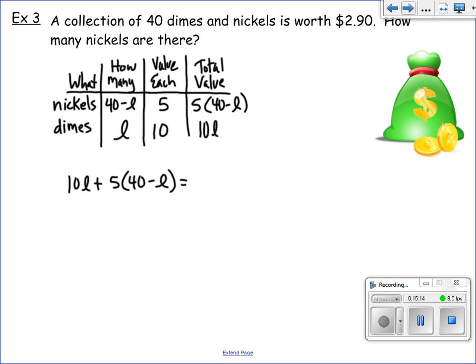What's worth? Dimes, and it's worth 10 what? Cents. And what's this representing? 5 cents. So when I add those together, I really need to put not dollars over here, but cents. So what should I put here? Not $2.90, but 290 cents. Yeah, you gotta be careful, that's a little sticky point there.